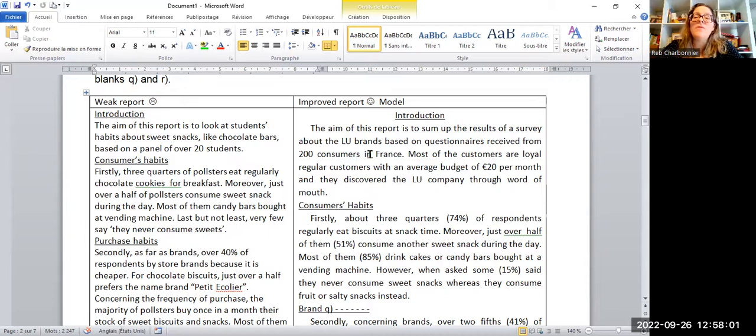And, you know, the aim of this report is to sum up the results of a survey about the brands based on questionnaires received from 200 consumers in France. So it's better if you add more information and try to use your imagination. You want to describe who the consumers or the customers are. Maybe give some kind of information about their profile. You can make that up. Okay.